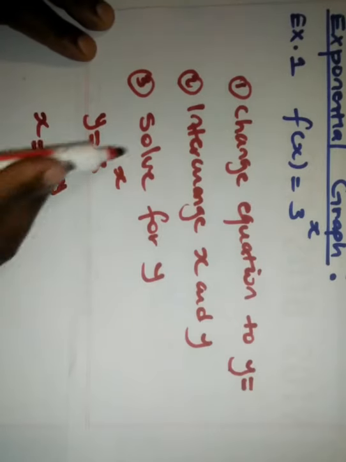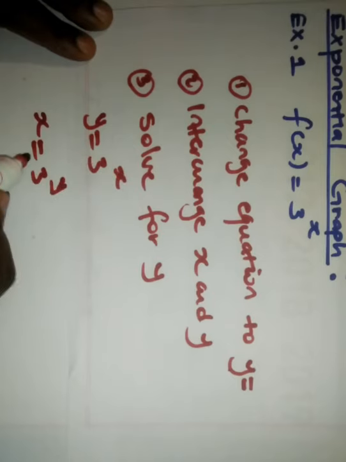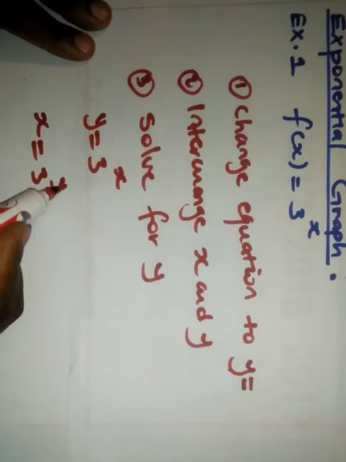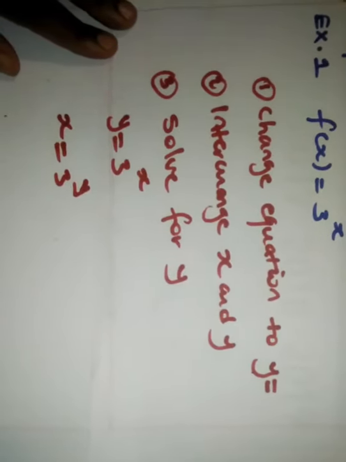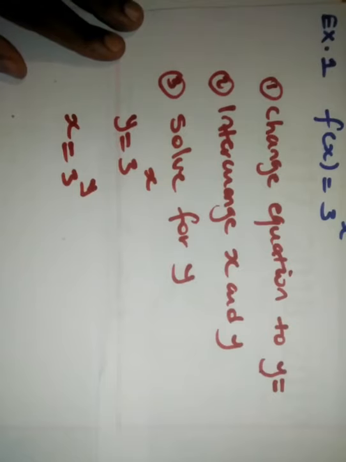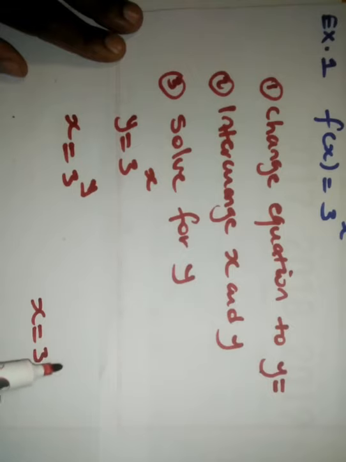Now the last step, which is we have to solve for y. So in order for us to bring this y down here, we now need to apply the logs. So how do we apply the logs? Let's take this part as it is on this side. We have a 3, which is to the exponent of y.